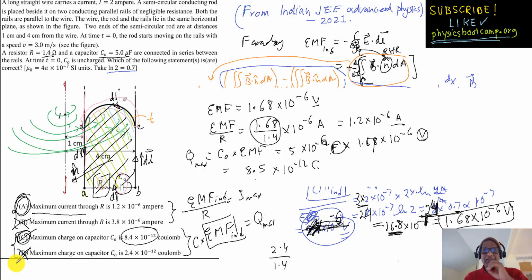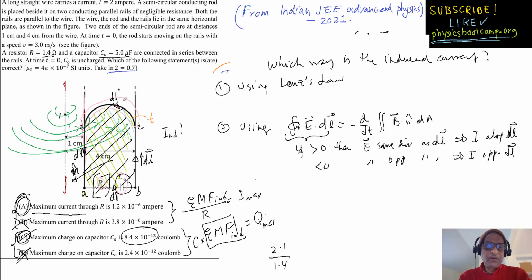Now, before we move on, just look at the direction, whether the current will flow this way or this way. So which way is the induced current? It's not asked in this question. Okay, although this is not asked in this question, let's try to answer that. Which way is the current going to go, this way, or the opposite?